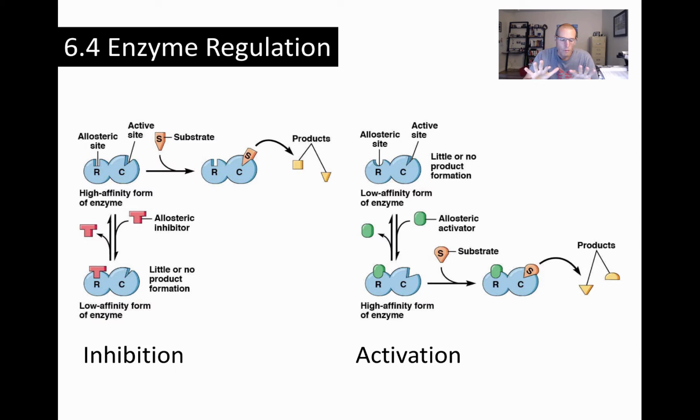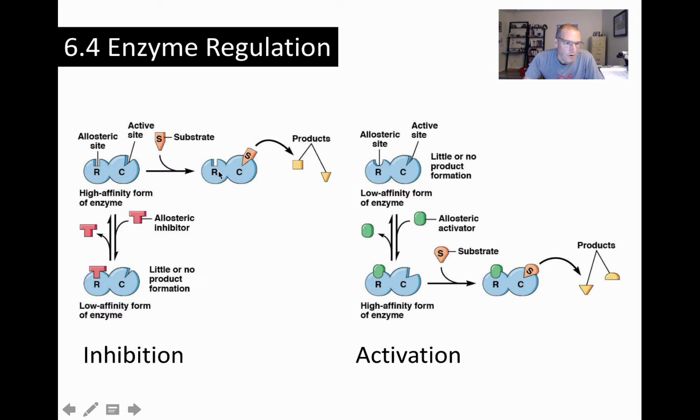And so allosteric regulation takes advantage of these 2 states by either converting the enzyme to a state where the enzyme doesn't bind the substrate, it lowers affinity, or it stimulates the affinity of the enzyme for the substrate.